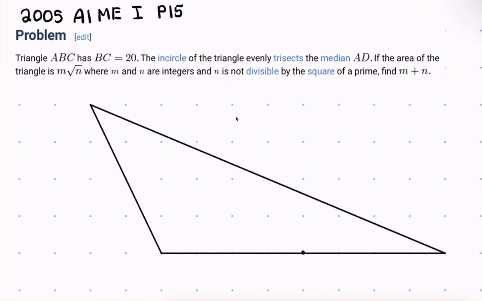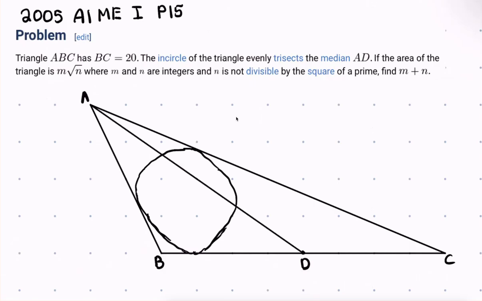Okay, and now let's draw the incircle. I guess that'll do for now. Okay, and now we label the points. This is A, B, C, and this is D. Let's connect this.